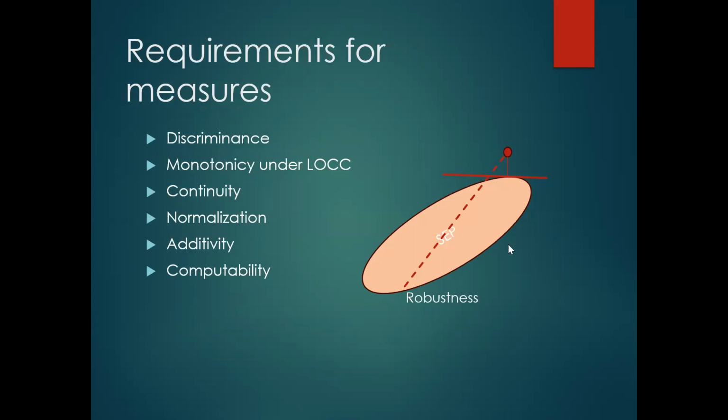Entangled means that it doesn't belong to the class of separable states, and the set of separable states is convex. So surely there is some distance between this set and the state we are studying, and we can measure it.